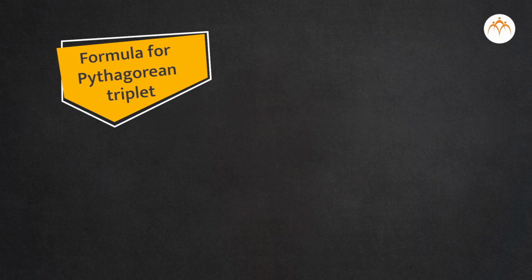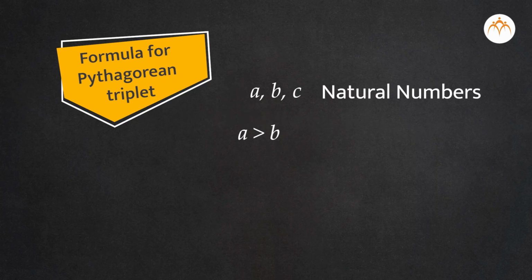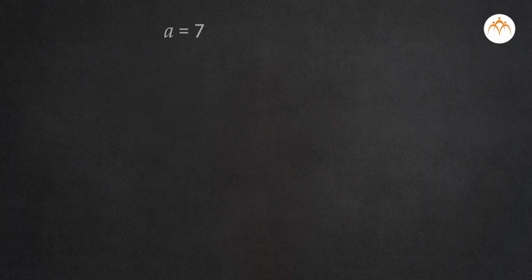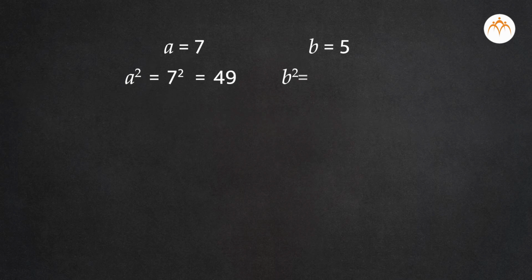We studied one method of finding a Pythagorean triplet. Now, we will study the formula for finding a Pythagorean triplet. Formula for Pythagorean triplet: if a and b are natural numbers and a is greater than b, then a square plus b square, a square minus b square, 2ab is a Pythagorean triplet. For example, if we take a is equal to 7 and b is equal to 5, a square is equal to 7 square is equal to 49 and b square is equal to 5 square is equal to 25. 7 is greater than 5.